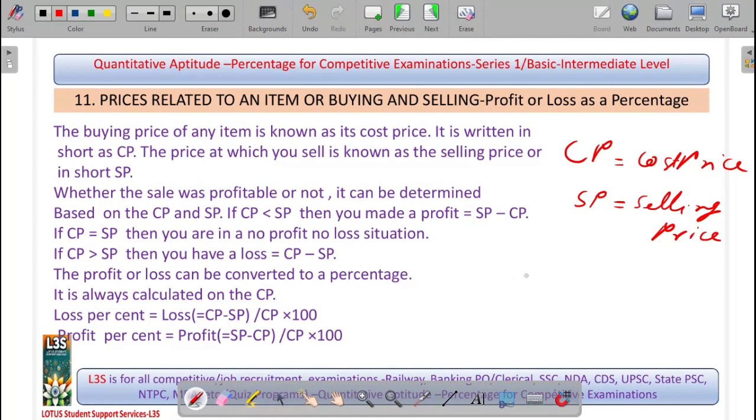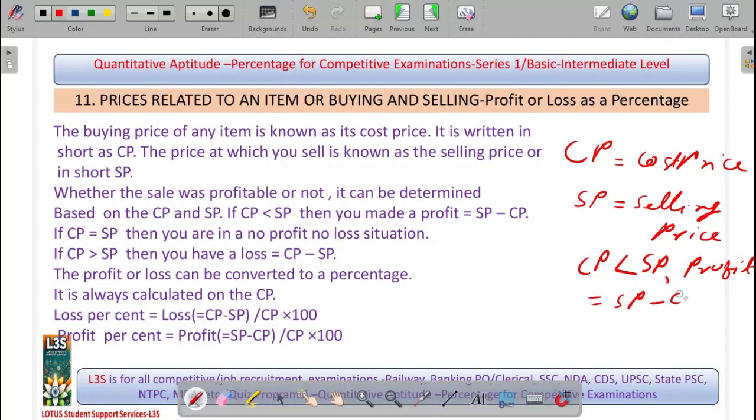Now, what does a retailer do? They buy something at the cost price and they sell it at the sale price. If cost price is less than sale price, that means you will get a profit, right? And how much will be the profit?